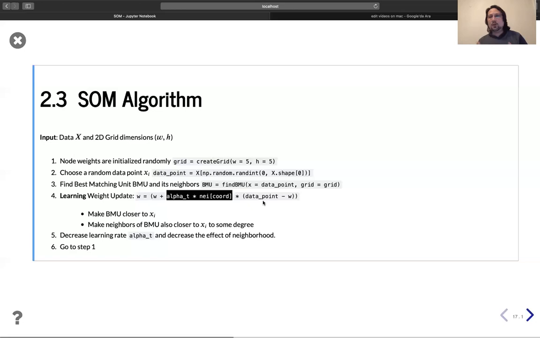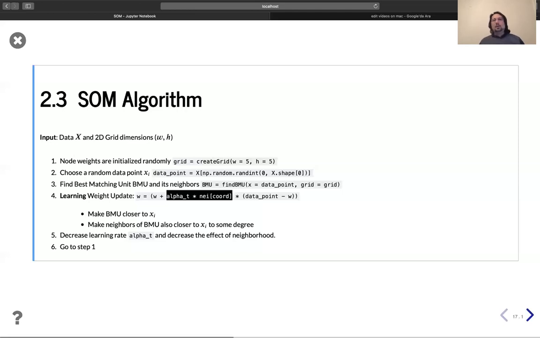So weight equals data point. So if the learning rate is 1 and the neighborhood function returns 1, and this is the best matching unit and this is the data point, then the weight of this neuron will become equal to the data point.